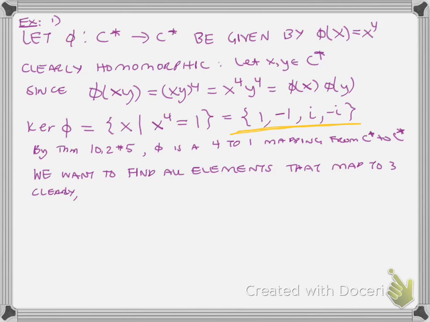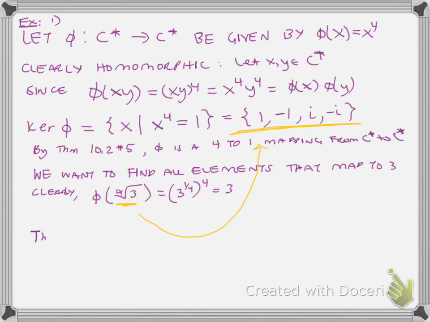The 4th root of 3 is really 3 to the 1/4, and raised to the 4th, that's just 3. So we found one element that maps. Now we take this element and multiply it by every element that's in our kernel to get all our elements.